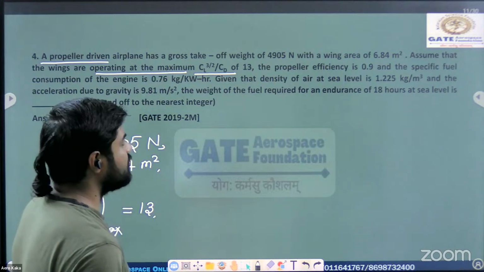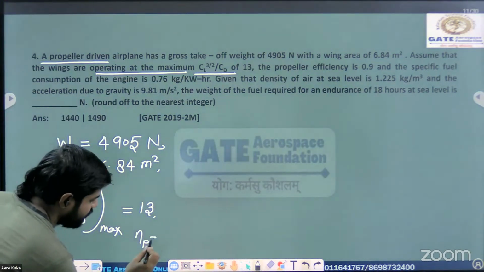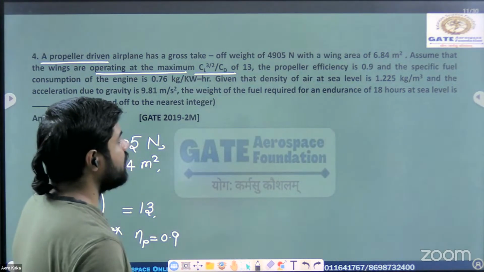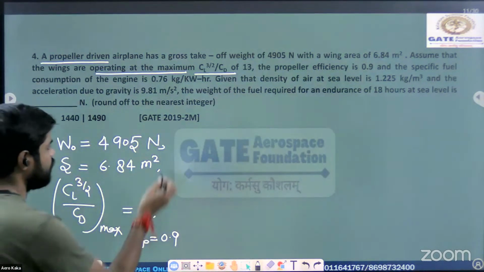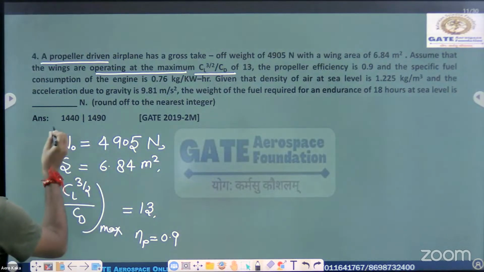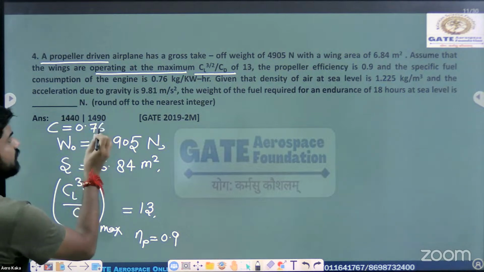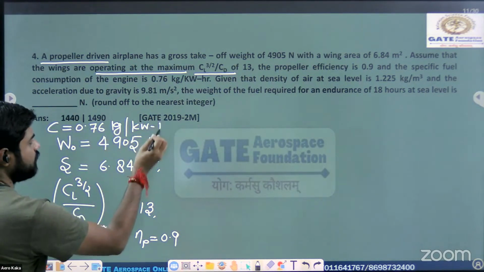The propeller efficiency is 0.9. Here propeller efficiency eta P is given as 90%. Then the specific fuel consumption of the engine is 0.76 kg per kilowatt hour. So you can write C is given here as 0.76 kg per kilowatt hour.